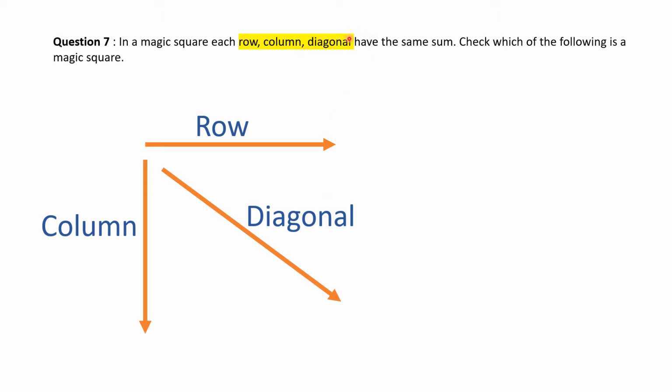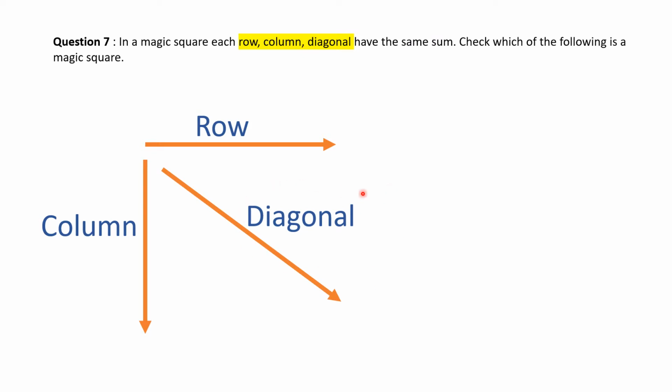So first of all, we need to understand what row, column, and diagonal are. The cells taken in this direction or this direction are called the rows. The cells taken in this direction or this direction are called the columns, and the cells taken in this direction or this direction are called the diagonals.